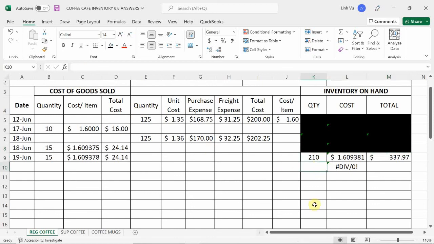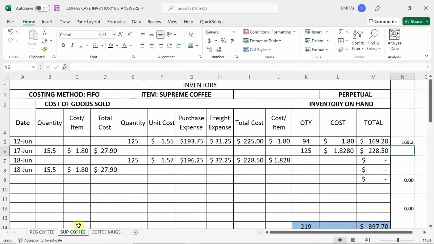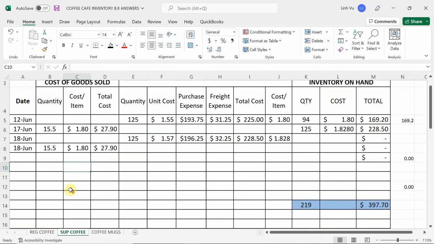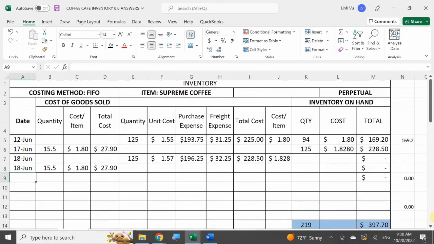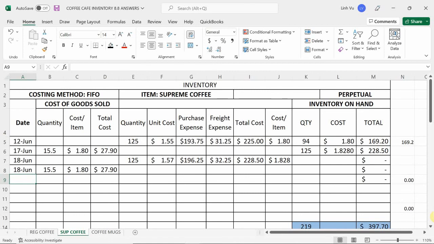All right, now I have to go to my Supreme Coffee. What costing method am I using to solve for Supreme Coffee? FIFO. Okay, so that means if I sold 10 pounds, which batch of inventory am I going to sell from first?